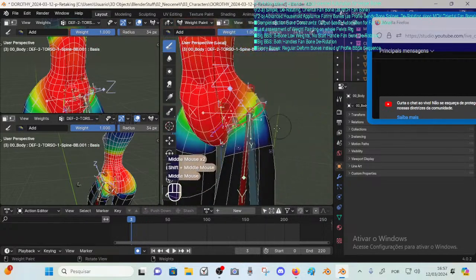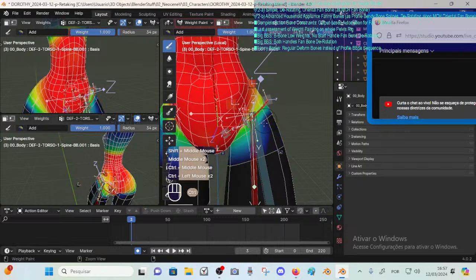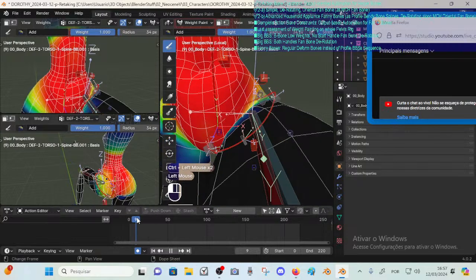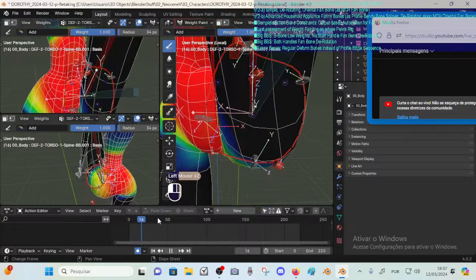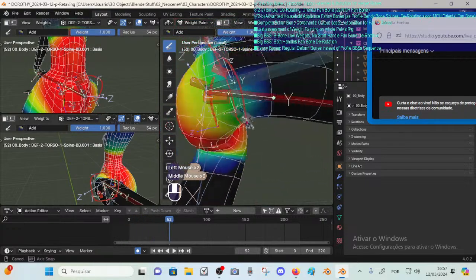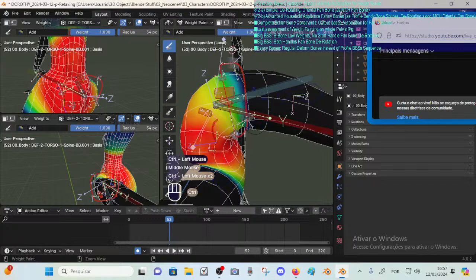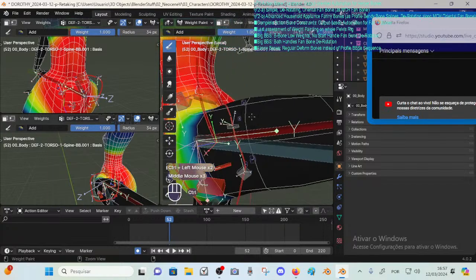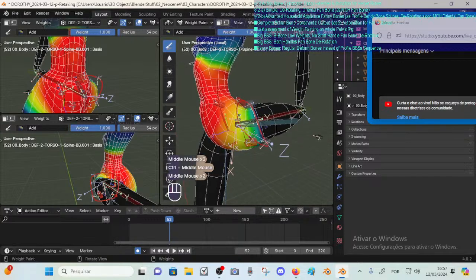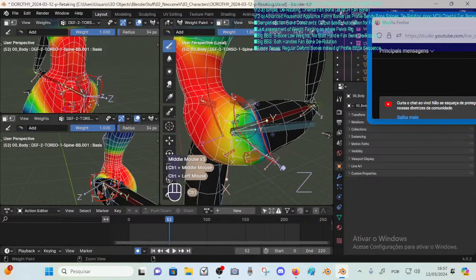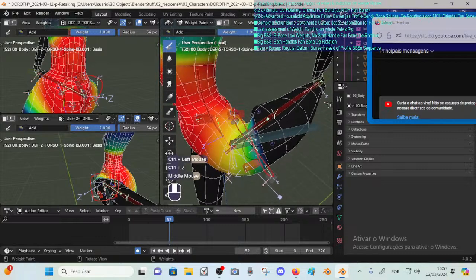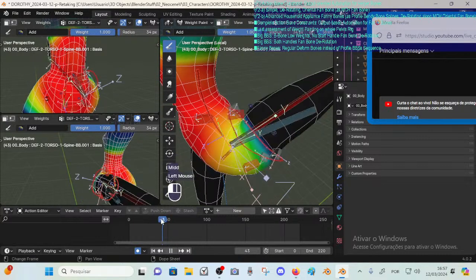Some of these weights were experimentally done before, so new experiments, new approach. So yeah, maybe this is fine.